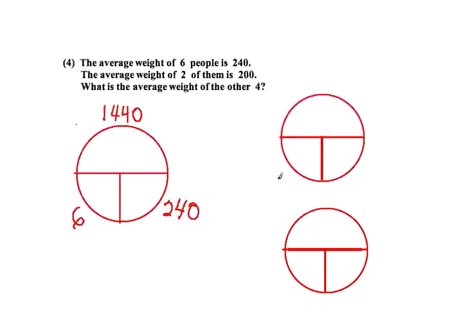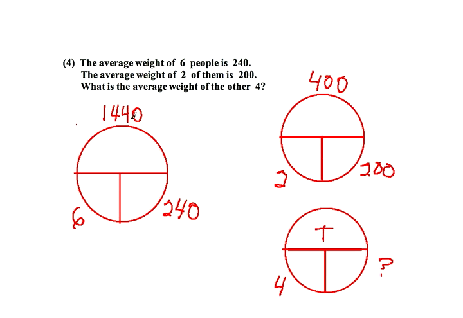And for these 2 people, the average weight is 200. So that tells you their total weight is 400. And for the other 4, all we know is that there are 4 of them. We want to find the average. So that tells us we need the total.